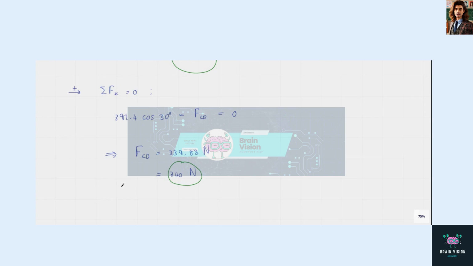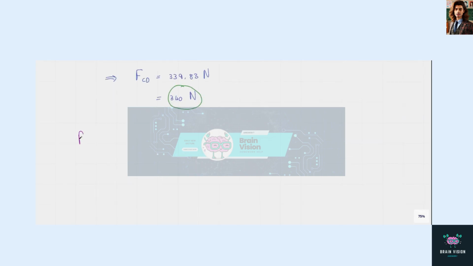Now, using the result for FCD of 339.83 newtons, again we'll apply the equations of equilibrium along the x and y axes, but this time to the free body diagram of joint C. So for joint C, again, if we take the right direction as positive, and we take the sum of the forces along the x direction, this must equal 0.